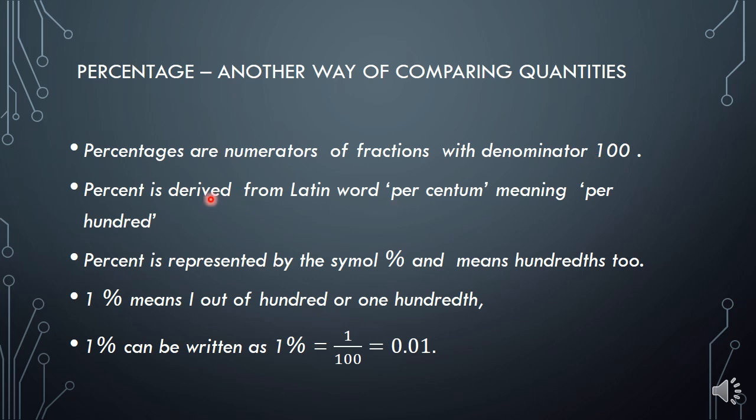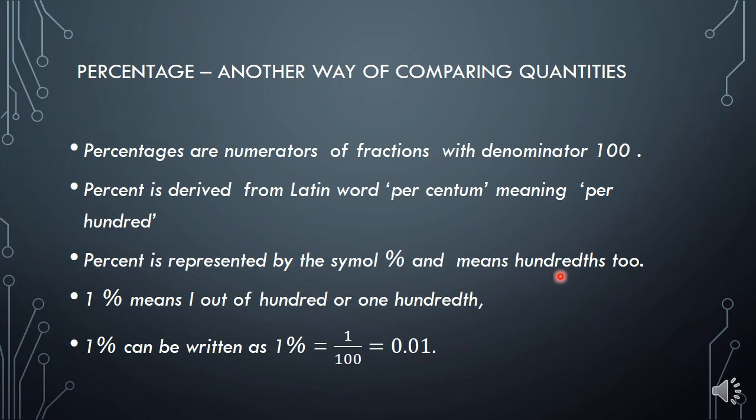Percent is derived from the Latin word percentum, meaning per 100. Okay, children, percent word is derived from the Latin word percentum. Its meaning is per hundred. Percent is represented by the symbol % and it means hundredths too.